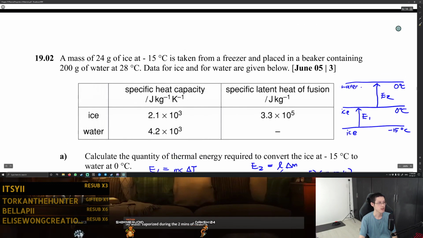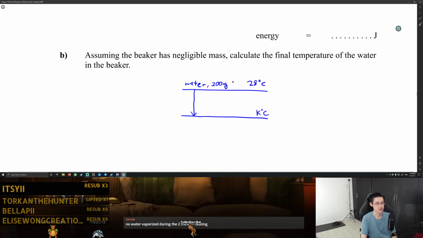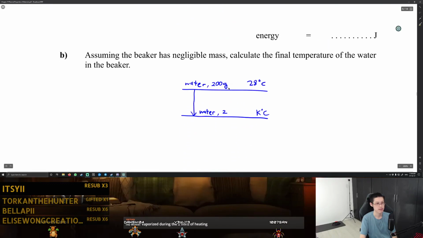You have 200 grams of water. And then what's going to happen here is you're going to drop the temperature of this water to some new temperature, which we do not know. So I'm going to call that K degrees Celsius. And this is going to be the mixture. So water at 224 grams.